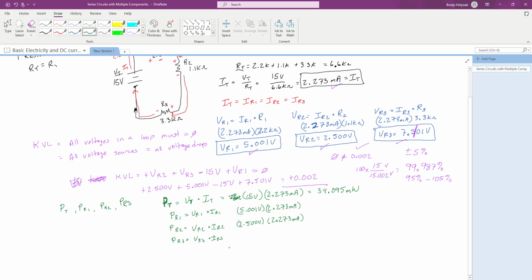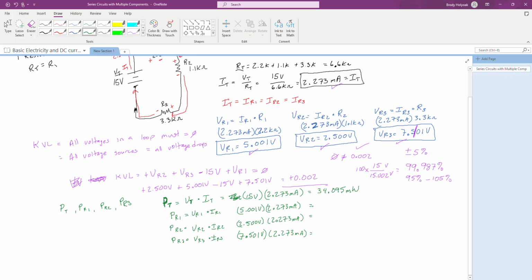My power of R3 is the voltage of R3, 7.501 volts, times my 2.273 milliamps. All right, and now I can solve each one of these individually.